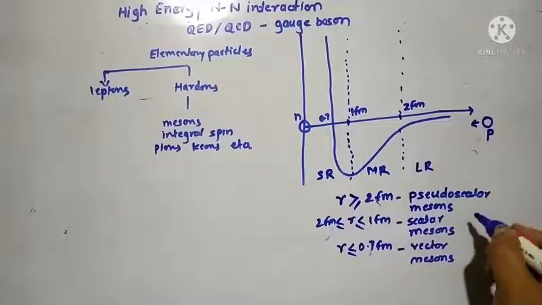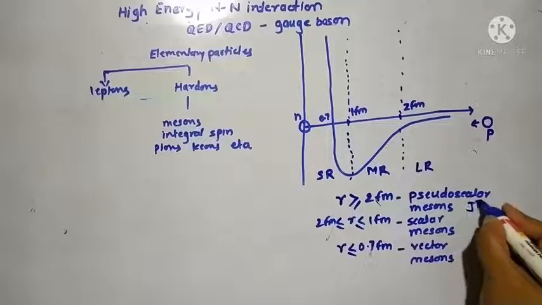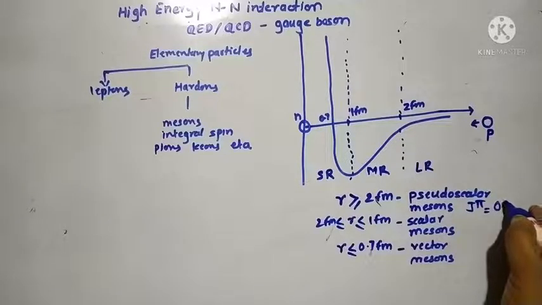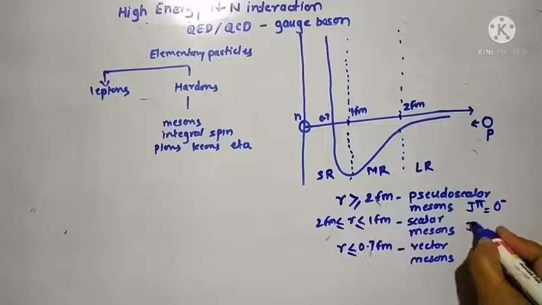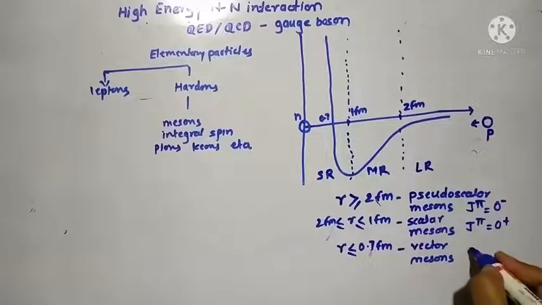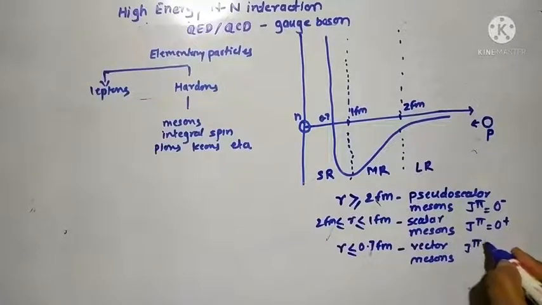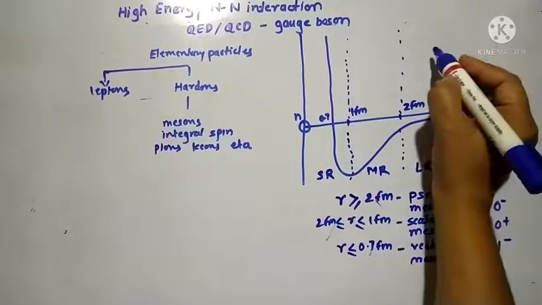A pseudoscalar meson is a meson with spin 0 and negative parity. For a scalar meson, the spin parity is 0 plus, and for a vector meson the spin parity is 1 minus. Examples of pseudoscalar mesons are the pions.